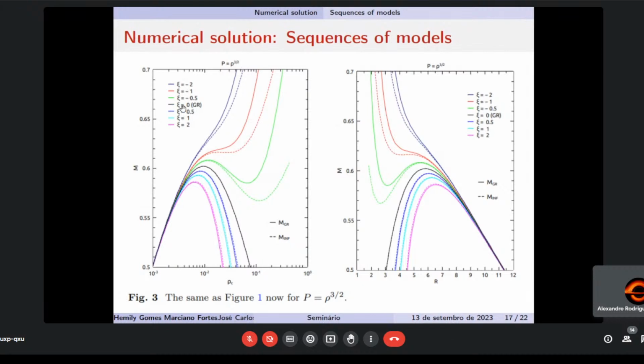So here, yeah, Xi equals 0, we have general relativity again, and we can easily see the maximum mass for general relativity. And if we change the Xi value, we can easily see that the maximum mass is changed.